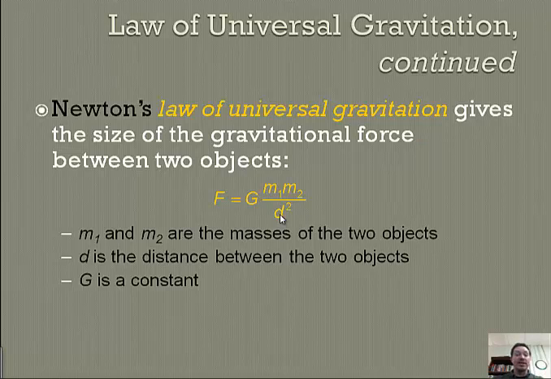So the more distance we have between two objects, the less our gravitational force will be. There's a very large dependence on how much distance is between two objects. But we'll also see that larger objects are going to make this force value a lot bigger too.